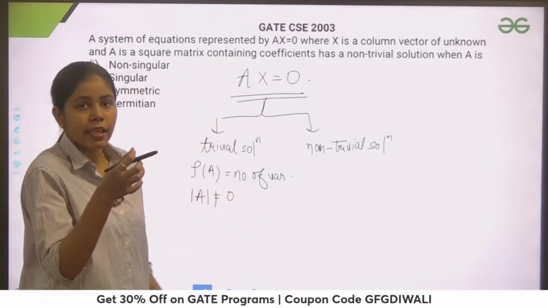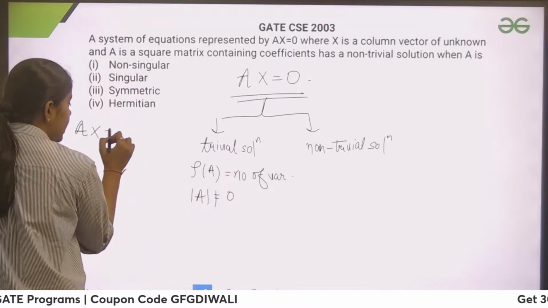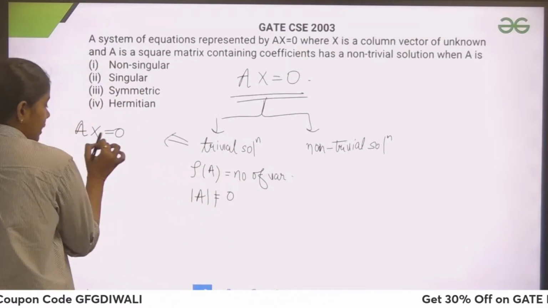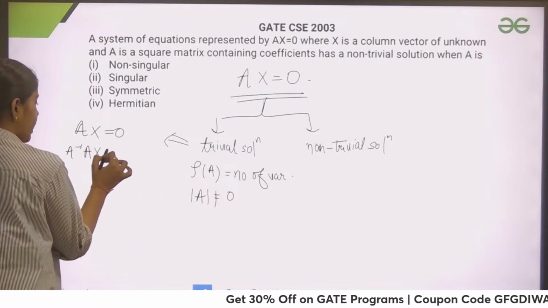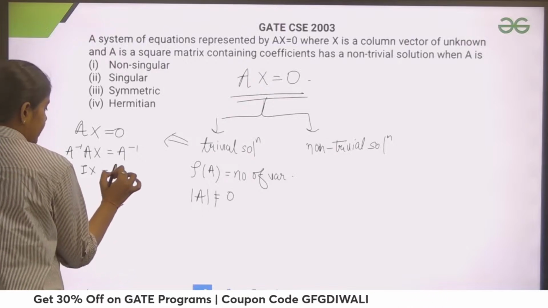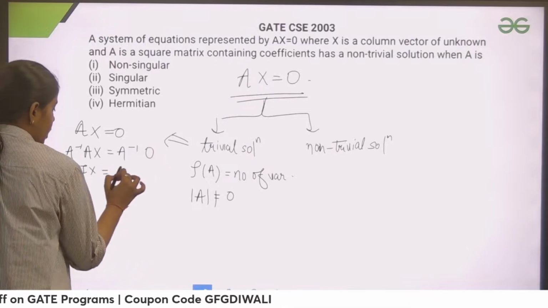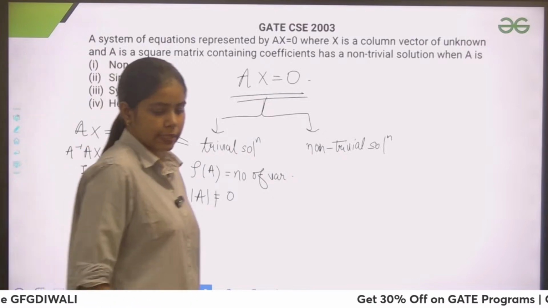If the determinant of A is non-zero, that means A inverse exists. So I can multiply both sides by A inverse. Here you get identity times X, and this gives 0. So you have only the trivial solution if A inverse exists.